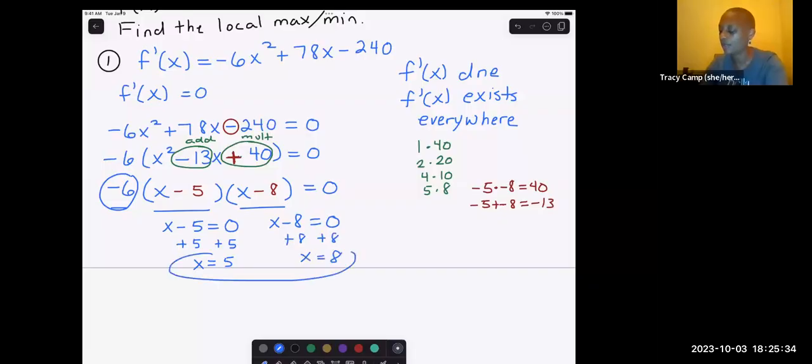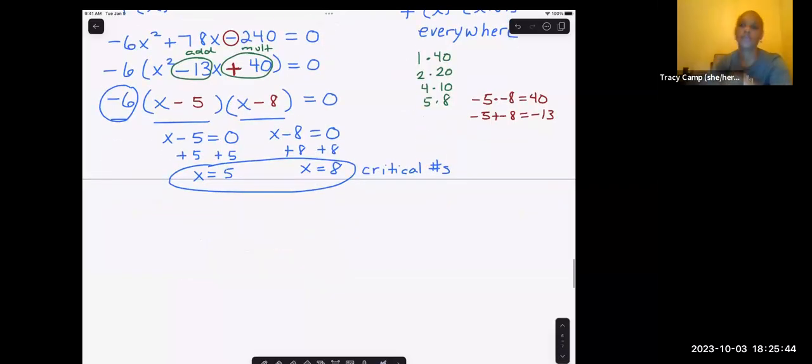So this is the first step for finding out when your function's increasing, decreasing. And I do this twice in the lecture video, two examples of going through this process.